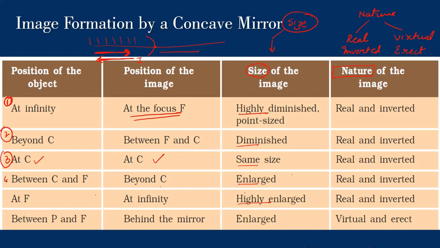Fourth position, the object is again coming closer, between C and F, center of curvature and focus. The image is formed beyond center of curvature. Fifth, again closer, the object at focus, the image is formed at infinity. That is the farthest an image can go.